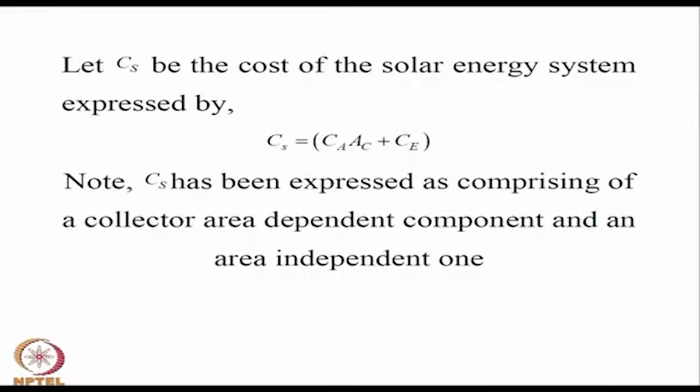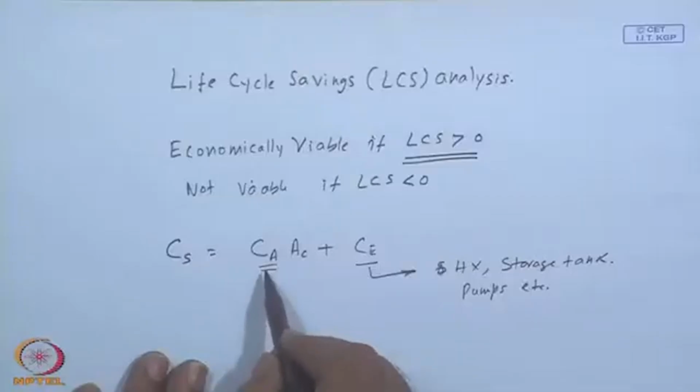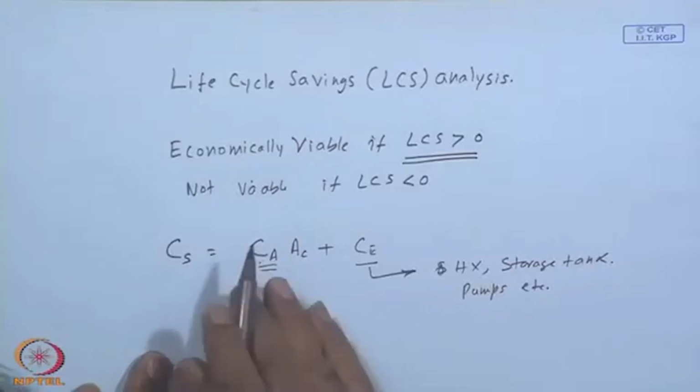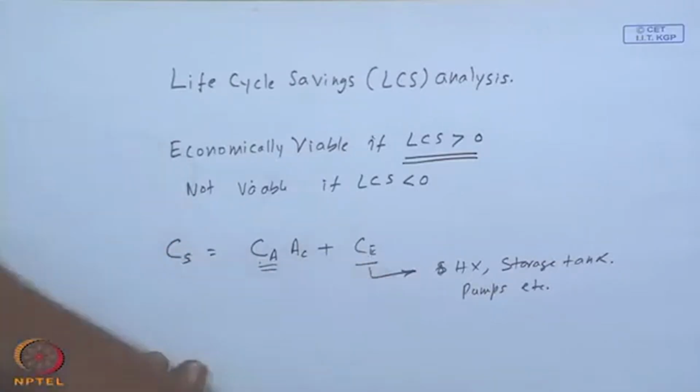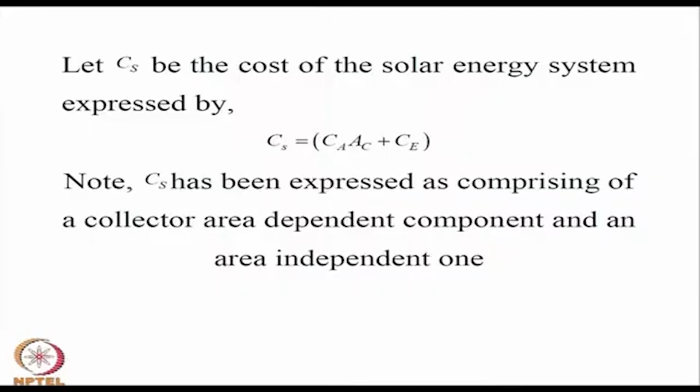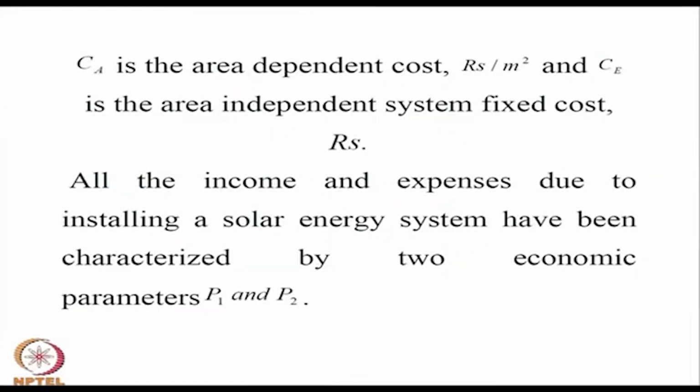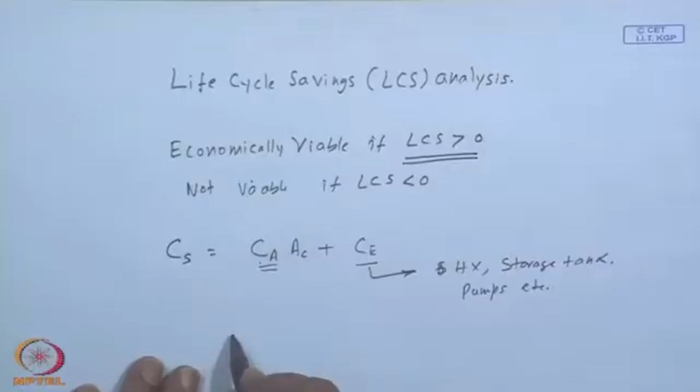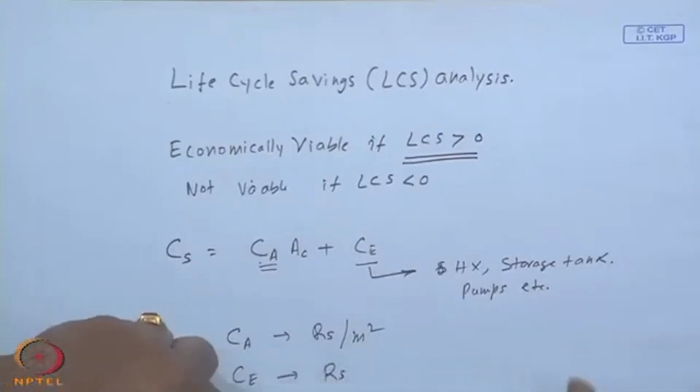So, CS is an mx plus c type of equation, where CA is the cost per unit area of the collector involved and CE is a fixed cost, which is independent of the area. So, this CA could be rupees per square meter and CE is simply rupees.